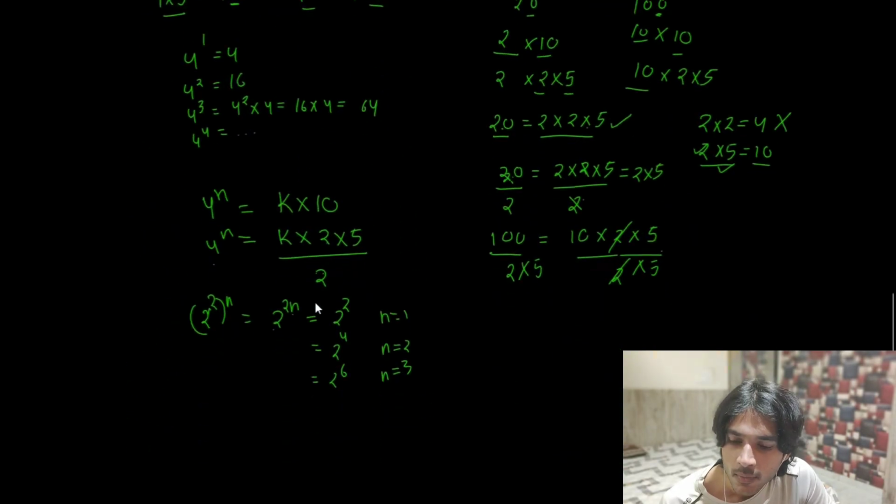Okay, so when I write 4 to the power n as 2 to the power 2n, if n equals 1, we're gonna get 2 to the power 2. If n equals 2, we're gonna get 2 to the power 4, and if n equals 3, we're gonna get 2 to the power 6.